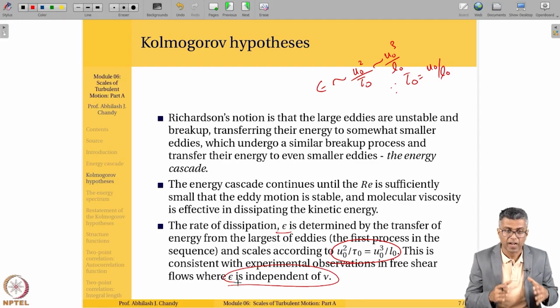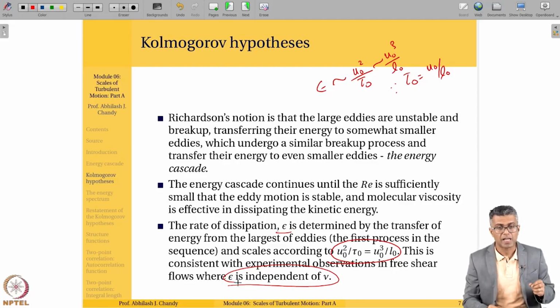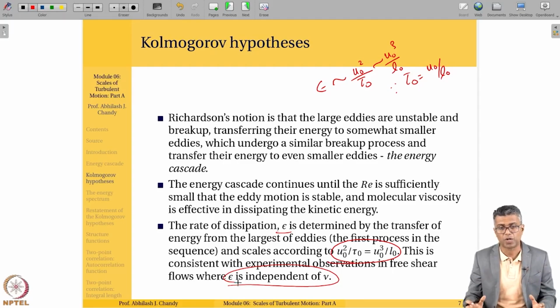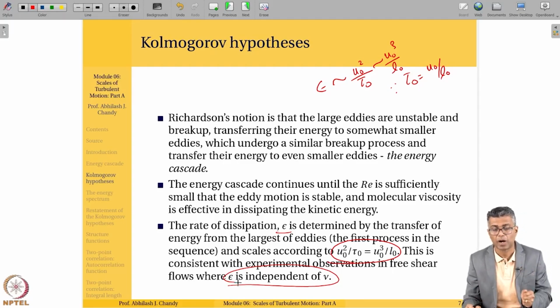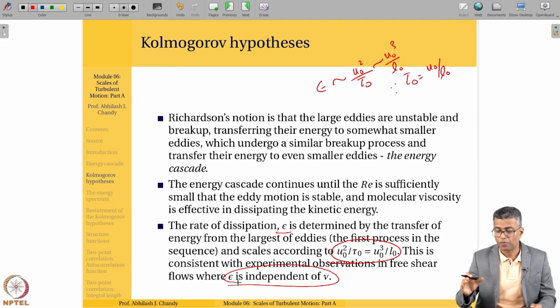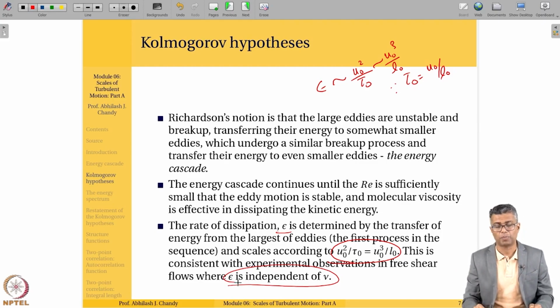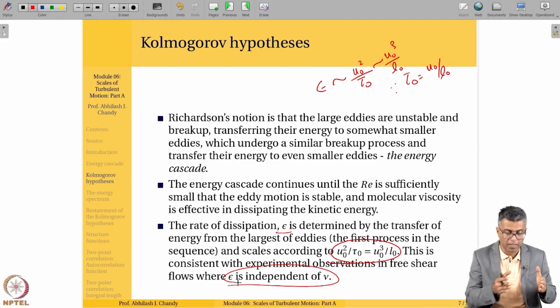So what we have done in this class is that we have introduced the energy cascade. We have explained what the energy cascade is, and we are now starting to build a platform for describing the Kolmogorov hypothesis. The platform is as follows. You have the energy cascade where the energy is transferred from the large scales to the small scales.